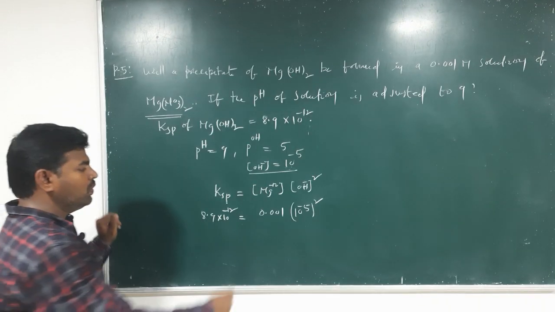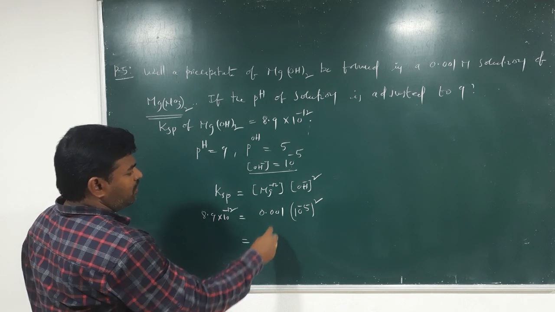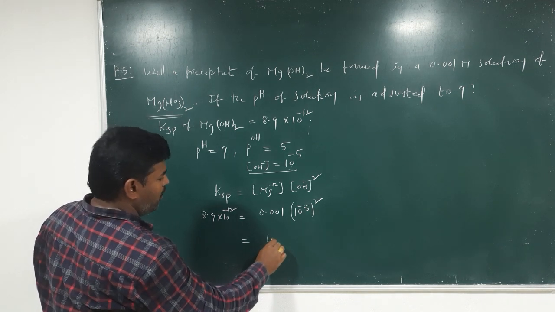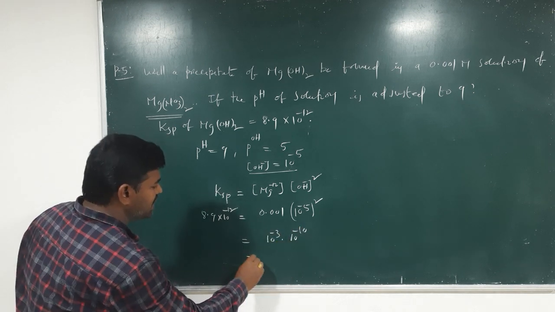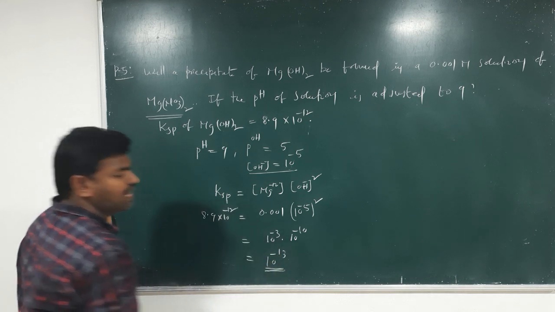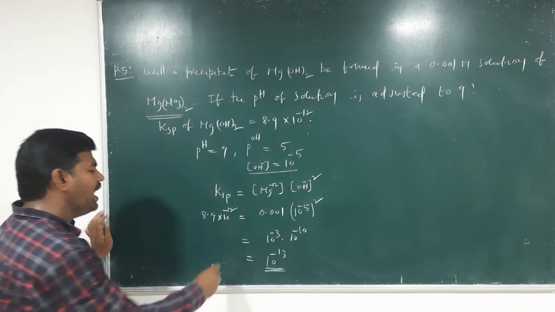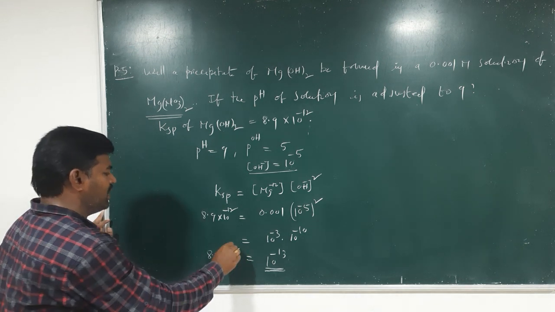This is 10 power minus 3 and this is 10 power minus 10, so this is 10 power minus 13.